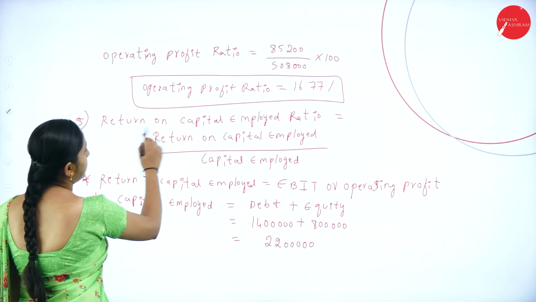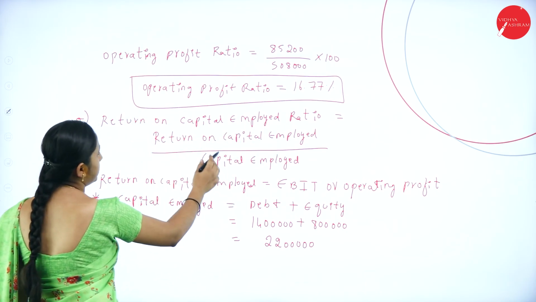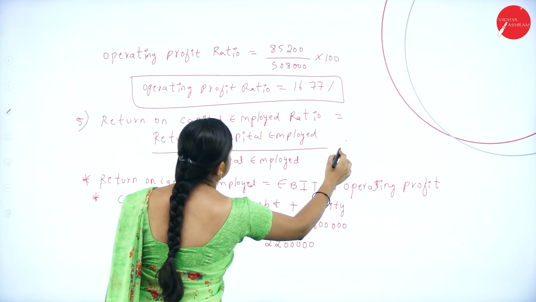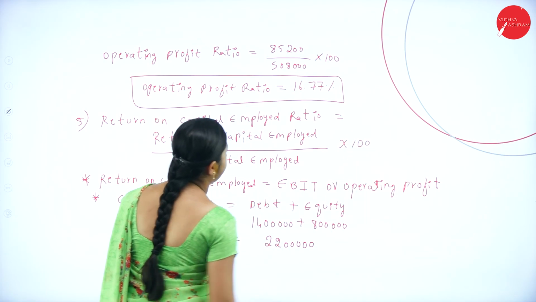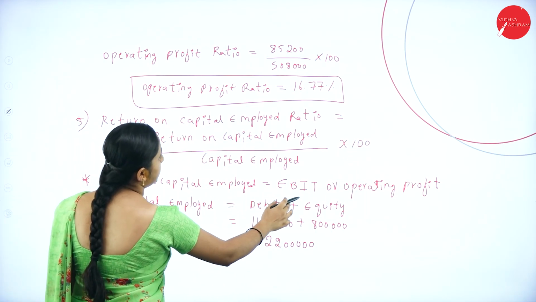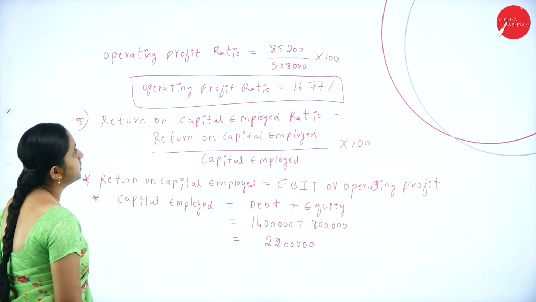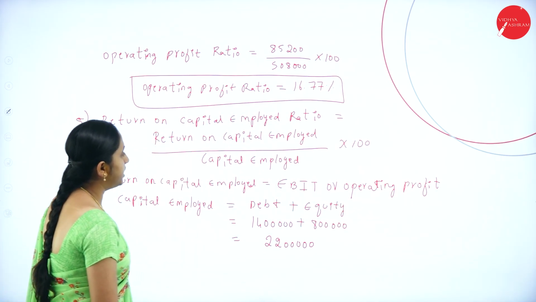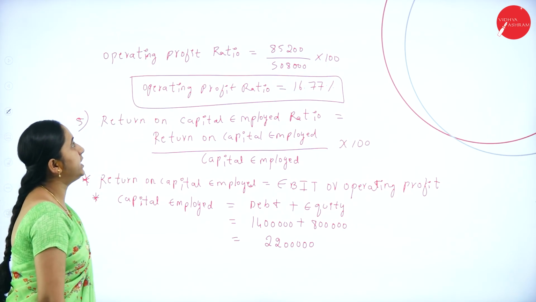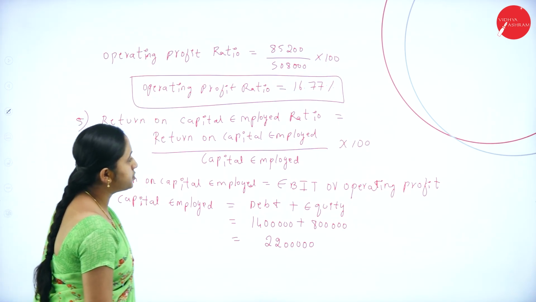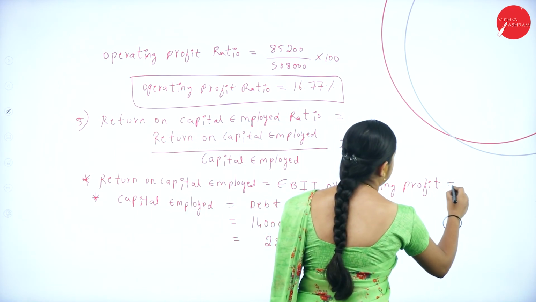Return on capital employed ratio is equal to return on capital employed divided by capital employed into 100. Return on capital employed is equal to EBIT or operating profit. In the last calculation, we found operating profit is 85,200.